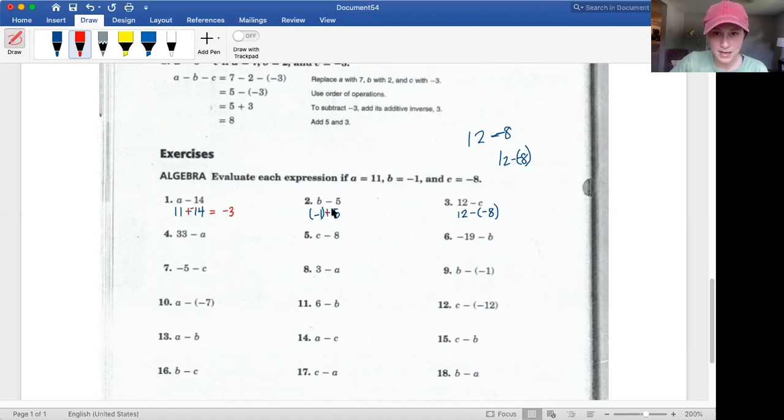Again, here I'm going to add the opposite. And so I have -1 plus -5, which is -6. And then add the opposite. That becomes +20.